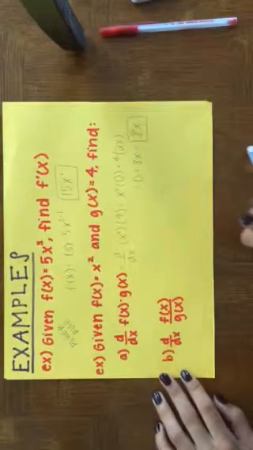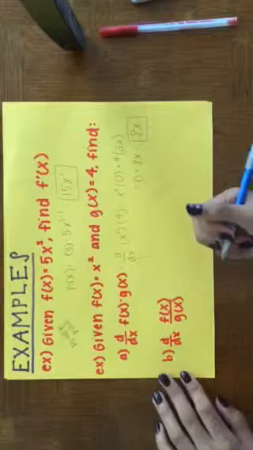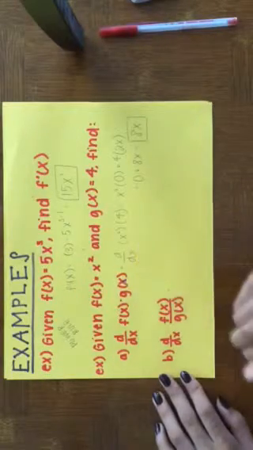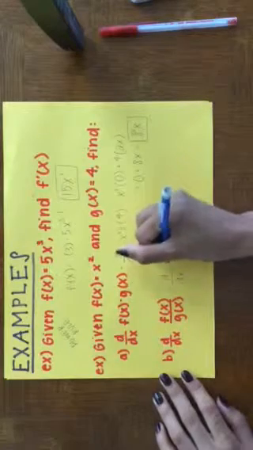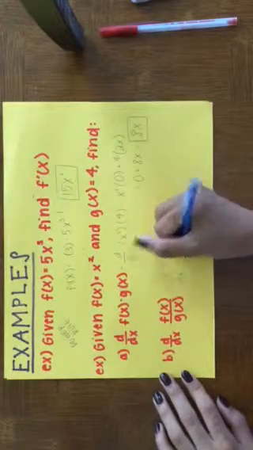The last example, we'll use the quotient rule, which is the derivative of f of x over g of x, which is just asking for the derivative of x squared over 4.